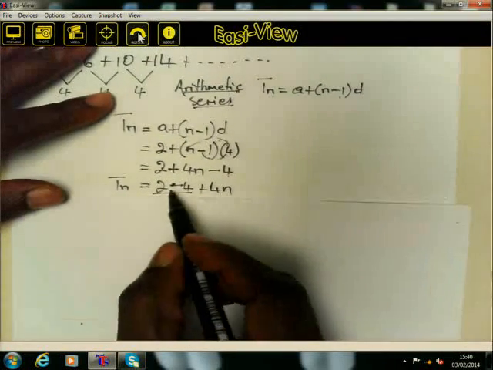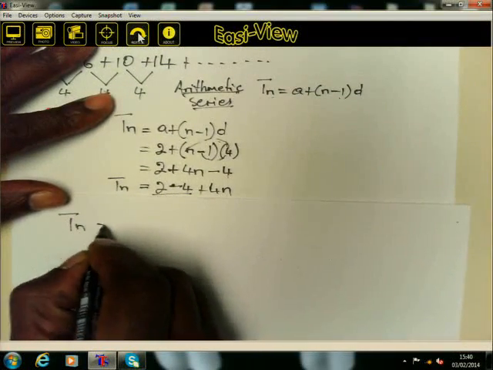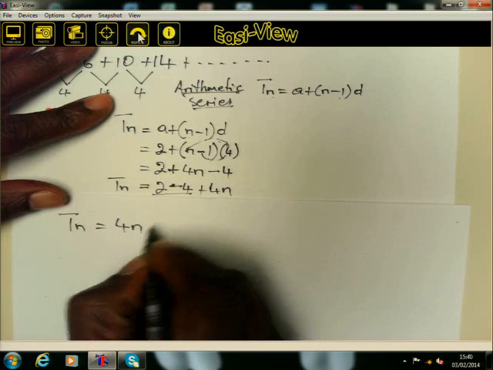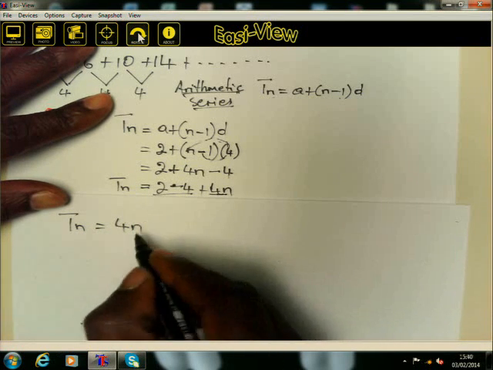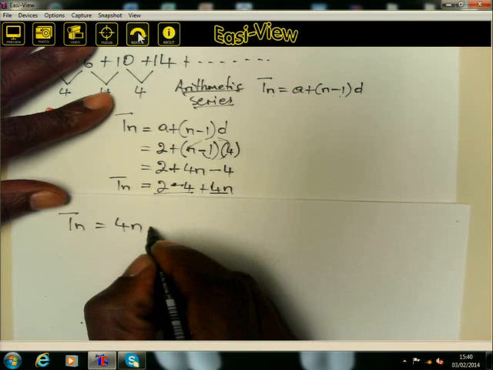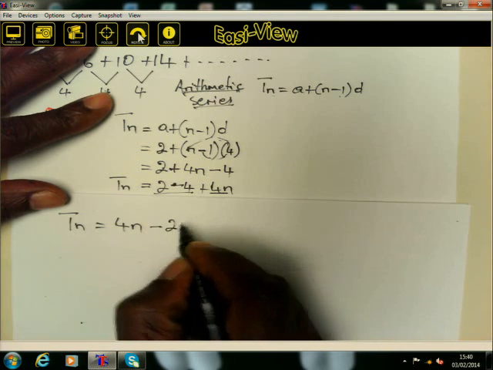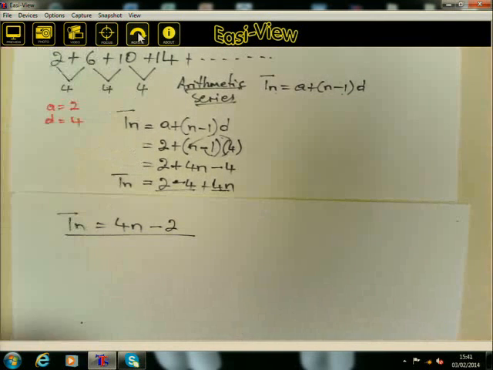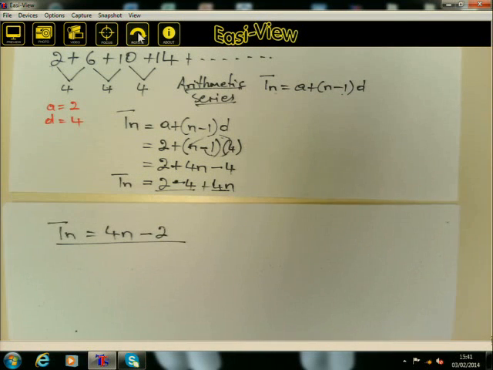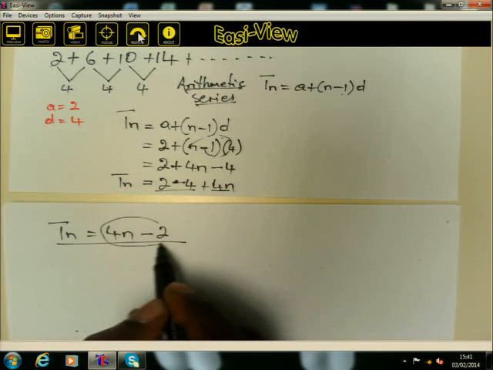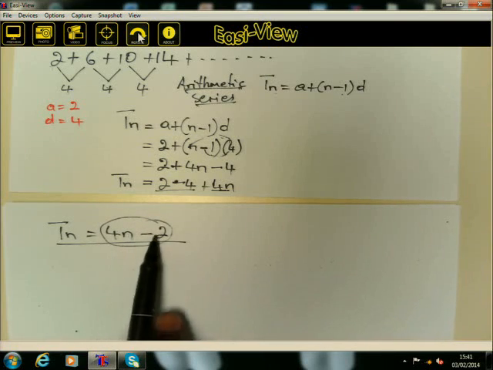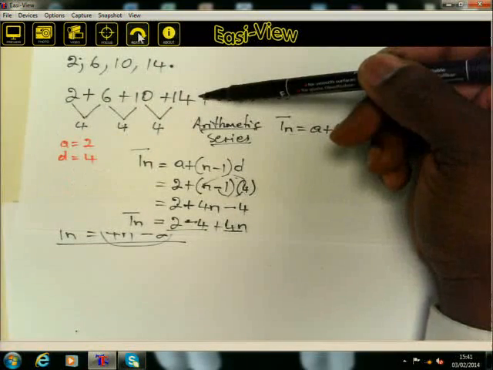So to continue from there, it means our general term is now 4n, and then plus, it's minus, 2 minus 4 is minus 2. This is our general term. Now, in other words, if we use this general term, we can use it to get any term of this series.